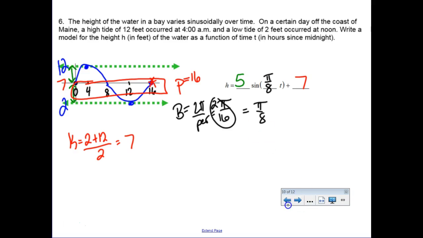On the Ferris wheel or paddle boat questions, they're still going to have pi in them for B. We talked about that briefly in another lesson: because of real life, you don't measure time in terms of pi hours. That's weird. So the B value has to have a pi component so that the pi in the formula will cancel out and your time measurements make more sense. You can say the period is 16 hours, or the period is 4 minutes. You don't want to say it's 3 pi over 4 minutes.